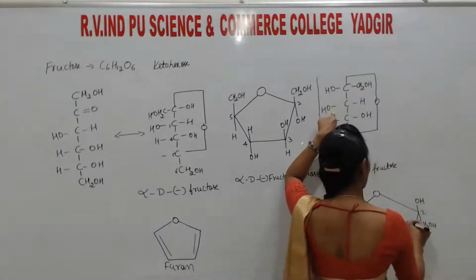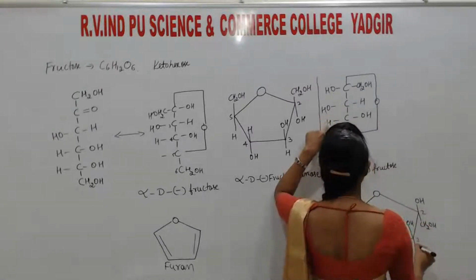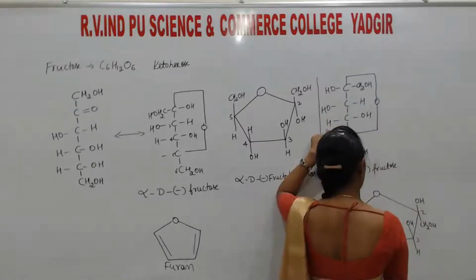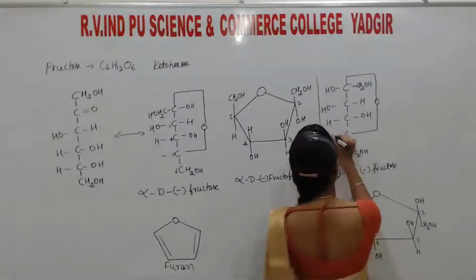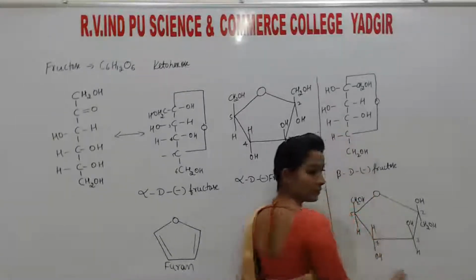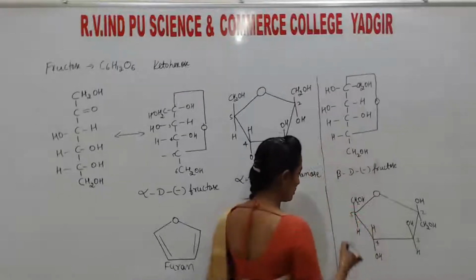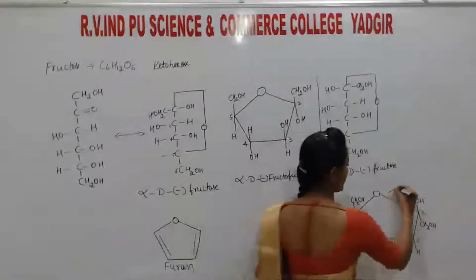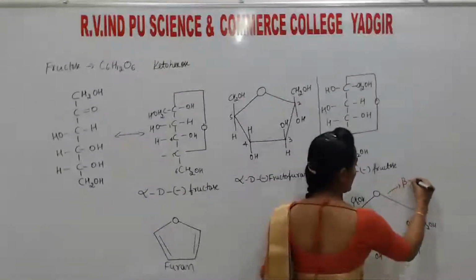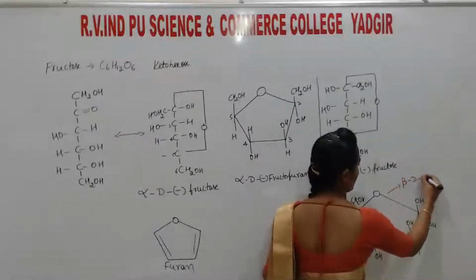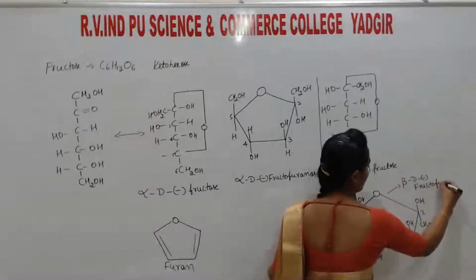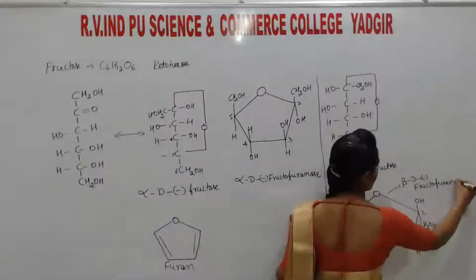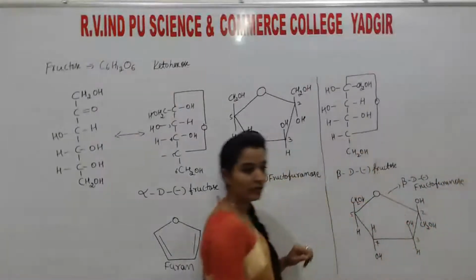Remaining is the same. OH, H. This one is H, OH. This is CH2OH and H. What is the name of the compound? So I will write here beta D minus fructofuranose. That is the name of the compound.